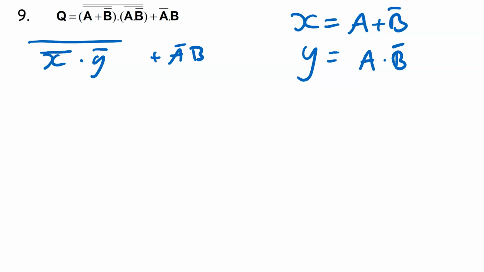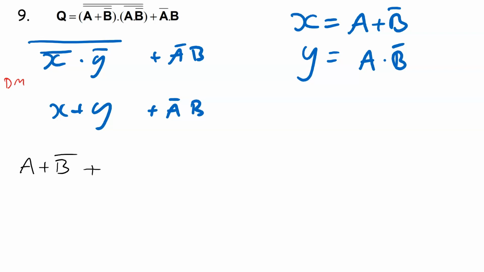Okay, not A and B. So let's De Morgan this bit, and that will equal x or y, or not A, B. Right, now let's stick the x and y back in. So A, not B, or A and not B, or not A, B.